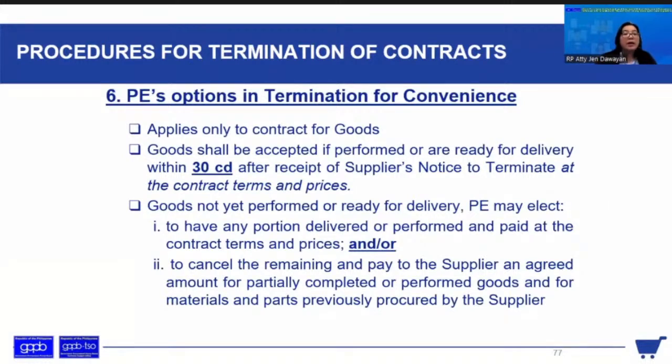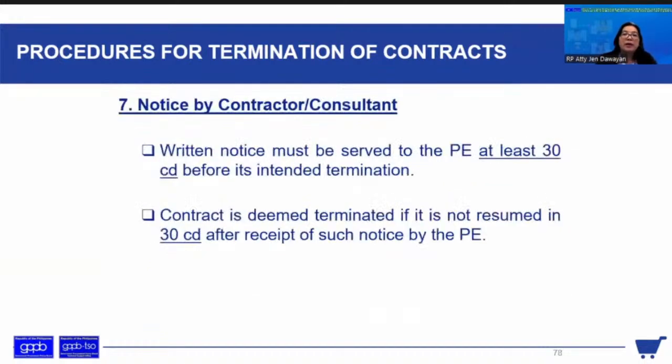So kung hindi naman siya na-perform or not yet ready for delivery, the procuring entity may elect to have any portion delivered or performed or paid at the contract terms and prices, and or you cancel yung remaining and pay the supplier an agreed amount for that which was partially completed or performed, for materials and parts that have been previously procured by the supplier. So this is the termination for convenience. Depende naman yan if at fault, di ba? Kasi syempre, dideduct pa rin nila yung mga liquidated damages, mga ganyan.